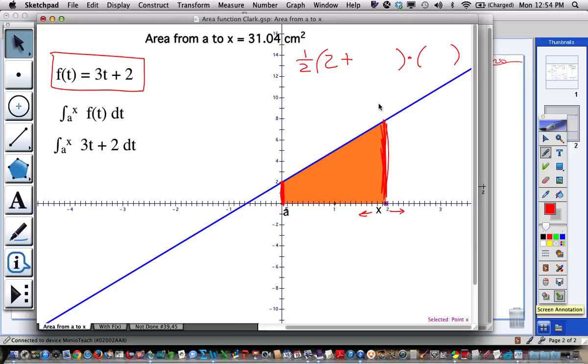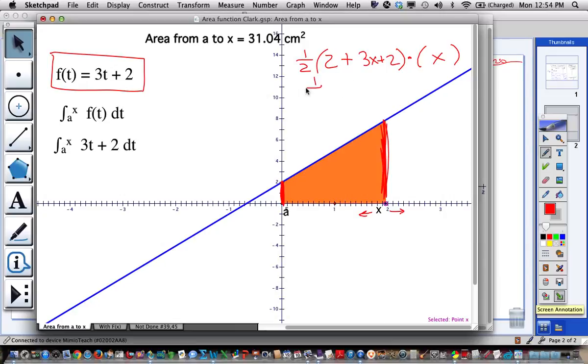Now that's another place where it shows how this is a t in here, but when we work it out, we end up with x's in the problem because we put an x in for the t. So right here, this right edge, we take x, we plug it in for t, and we get a y value of 3x plus 2. Distance here: x minus a, in this case a is 0, so x minus 0 would just be x.